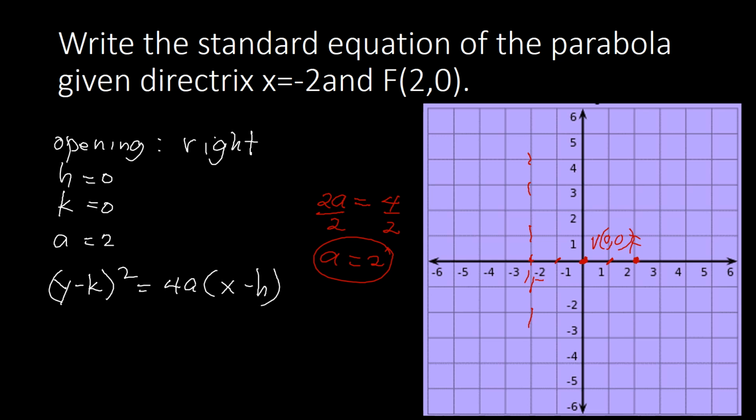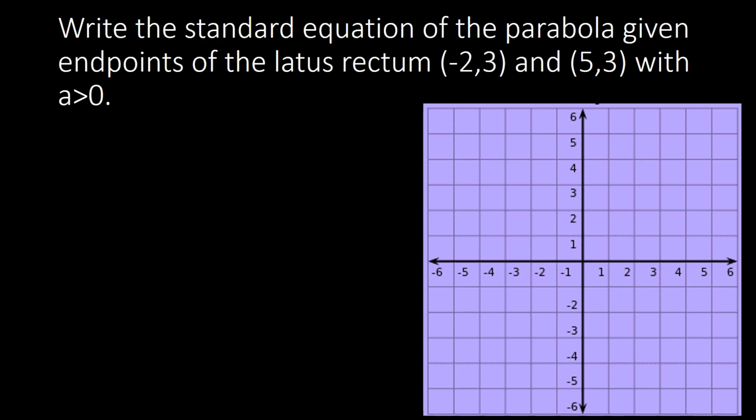Plugging in, y minus 0, squared, equals 4 times 2 times (x minus 0). Simplifying, y minus 0 is y, squared, equals 4 times 2, that's 8, times x minus 0, that is x. So this is now our standard equation of the parabola: y squared equals 8x.